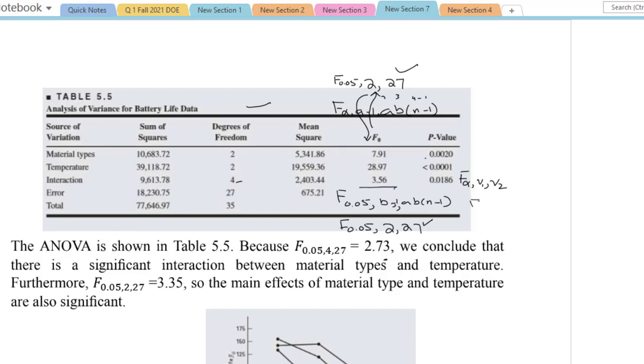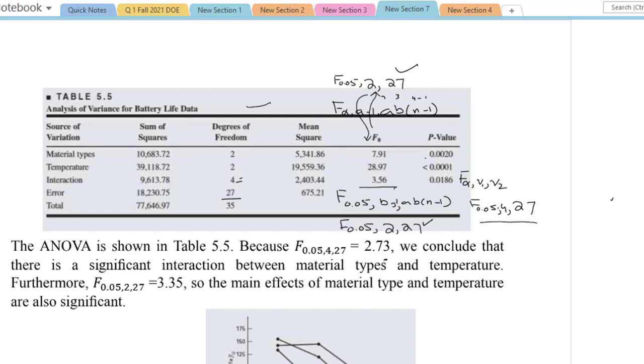Using this generic formula, for the interaction term it will become 0.05, with numerator degrees of freedom 4. We will always use the error term in the denominator, so the denominator degrees of freedom are 27. So F of 0.05, 4 comma 27.